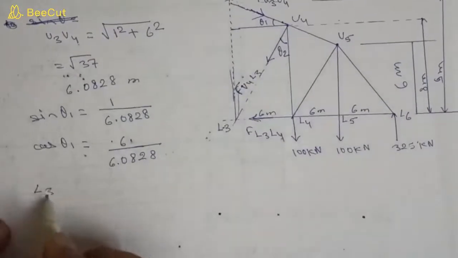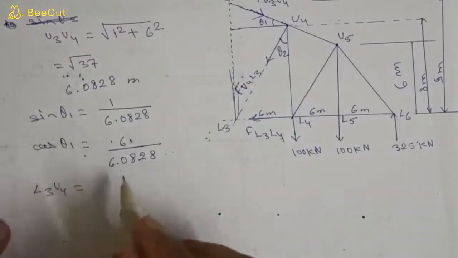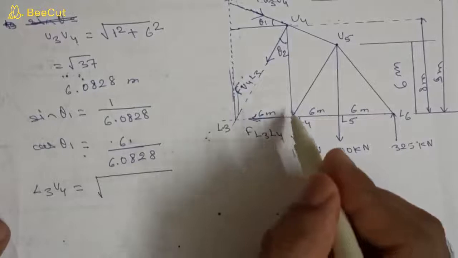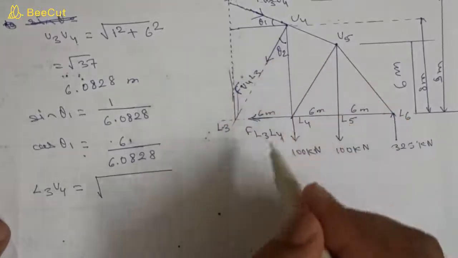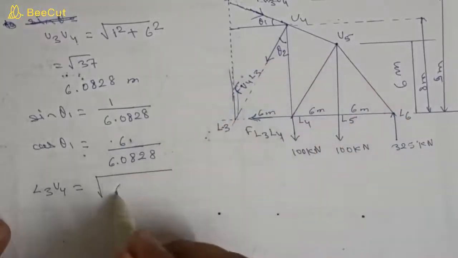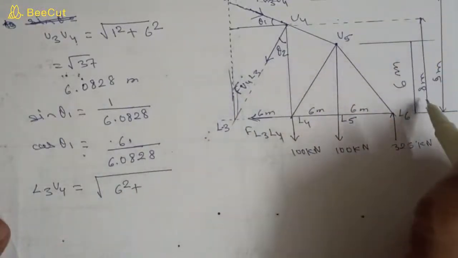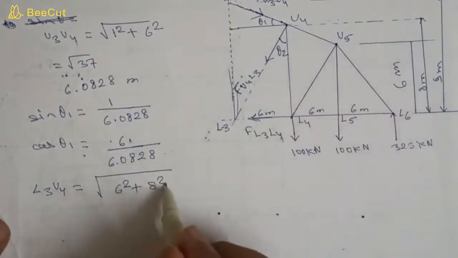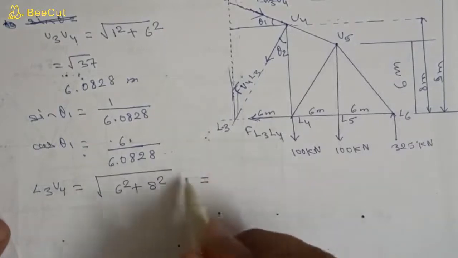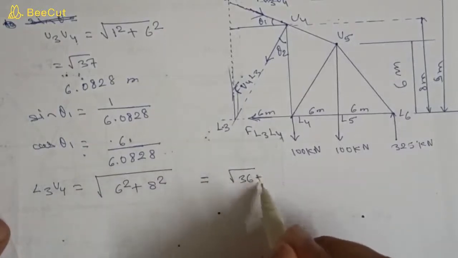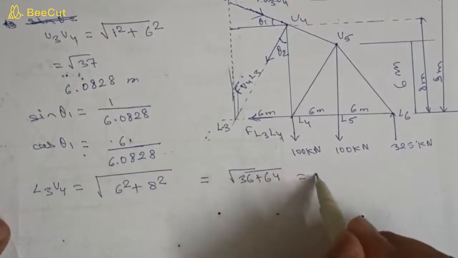Length of L3 u4 is root of base square plus perpendicular square. So base is 6 meters, so it will become 6 square plus this length is given as 8 meter, 8 square, so it will become 36 plus 64, so it is root 100.